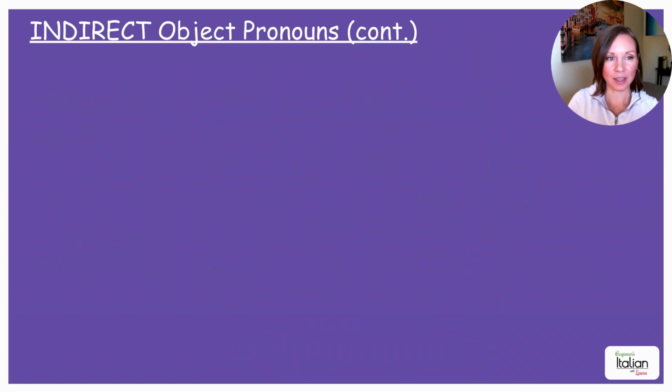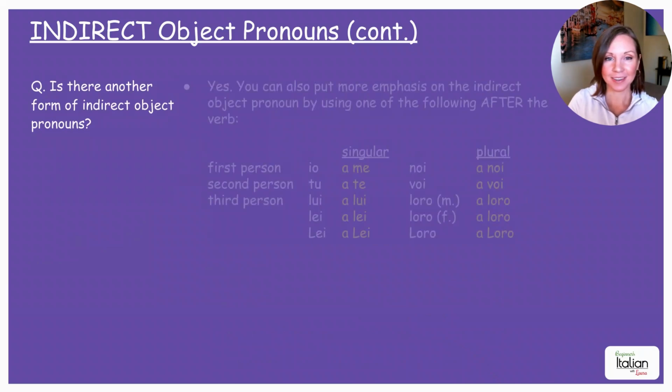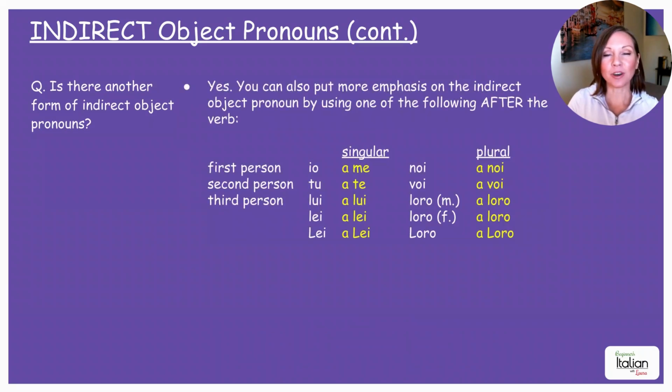Continued. Is there another form of indirect object pronouns? Yes. So you can also put more emphasis on the indirect object pronoun by using one of the following after the verb. Okay, so before we were talking about using mi and ti.